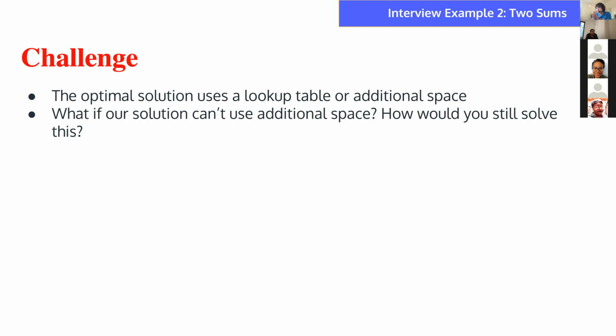Yep. So for each integer that you're looking at, it depends on where it is in the array, but you'll be looking at the difference between the target number and this integer, and then just searching for that number in the array.